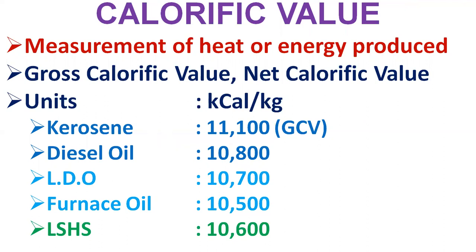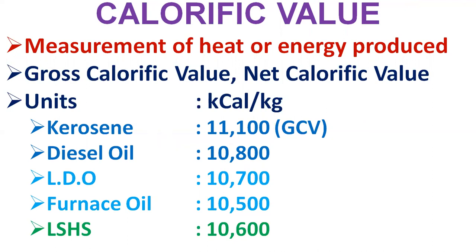Net calorific value assumes the water leaves with the combustion products without being fully condensed. Fuels should be compared based on the net calorific value. The calorific value of coal varies considerably depending on the ash, moisture content, and the type of coal, while calorific value of fuel oils is much more consistent.